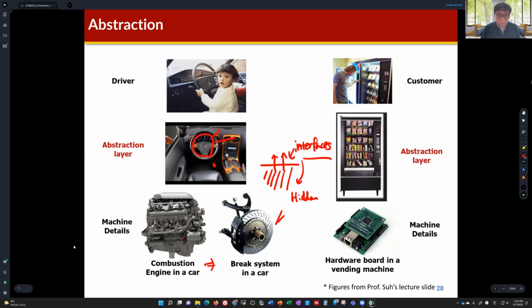Those are the interface that connects a driver and the complex systems inside our car. Okay, so this is an example of abstraction.